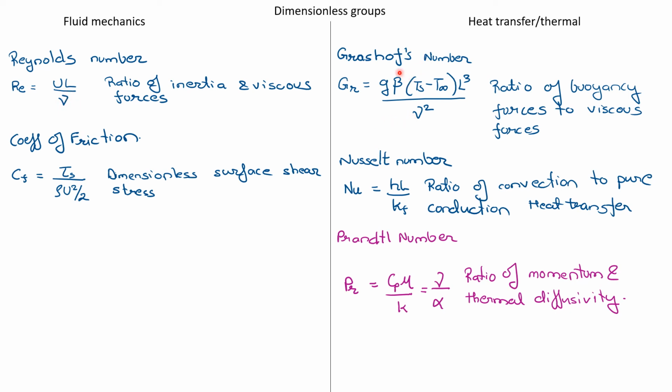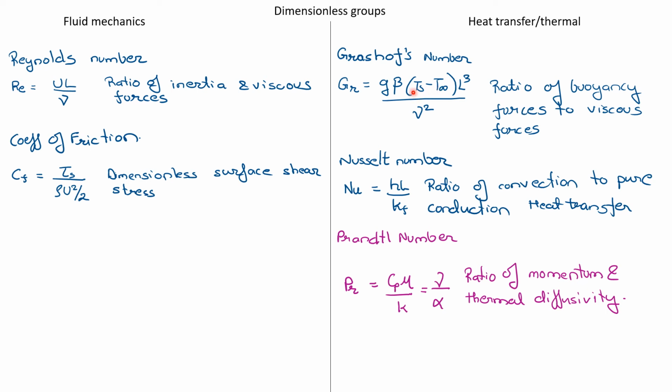Similarly, in heat transfer, we define something called the Grashof number, which is the ratio of the buoyancy forces to viscous forces. So instead of inertial forces, we have the buoyancy forces, and buoyancy is a force created due to density difference, and the density difference in this case is created due to a temperature difference.